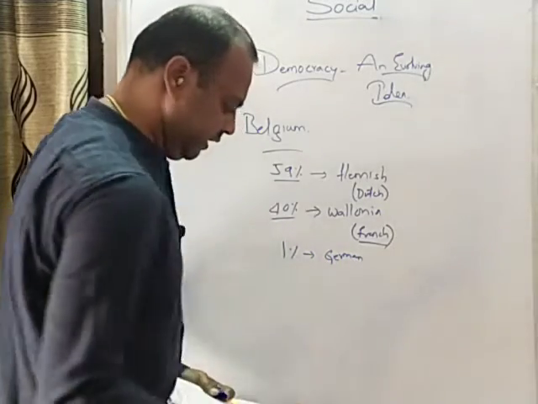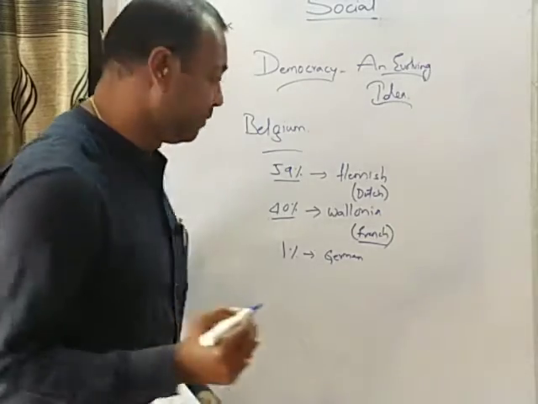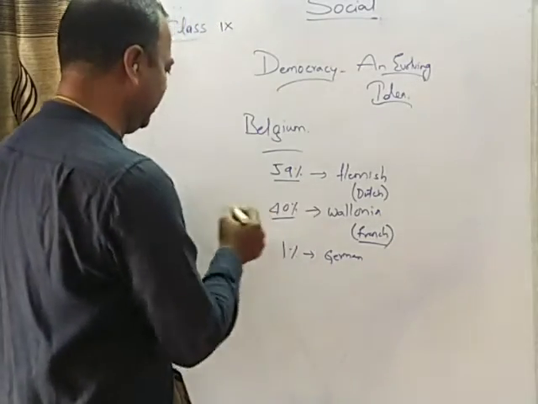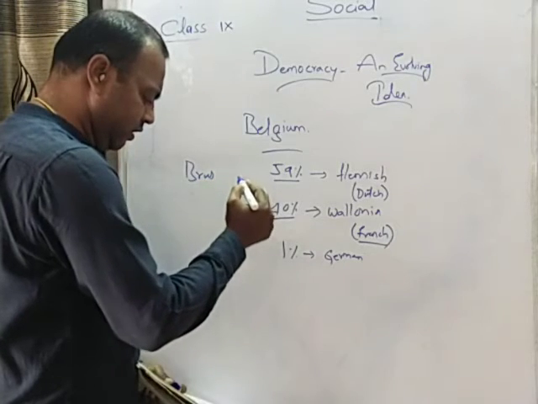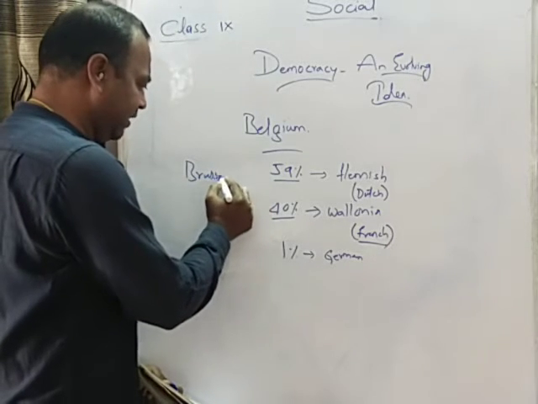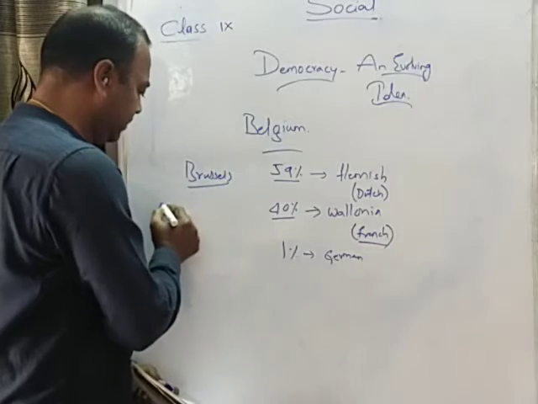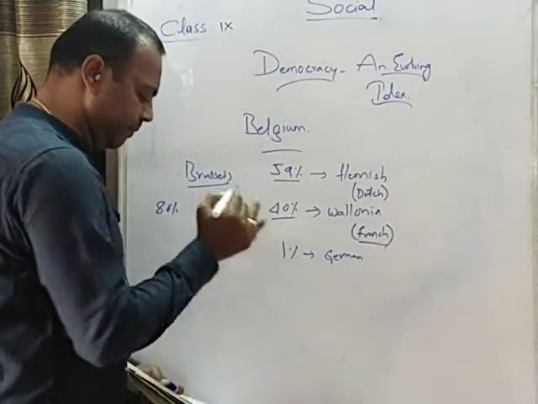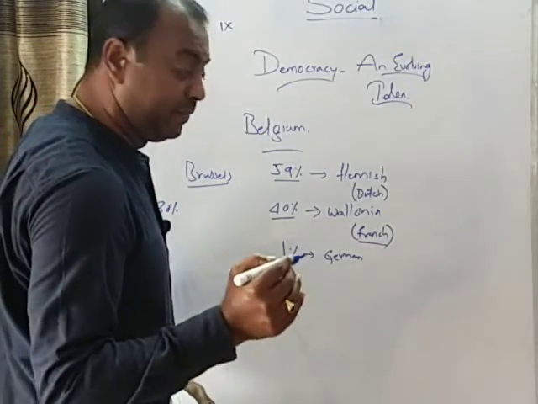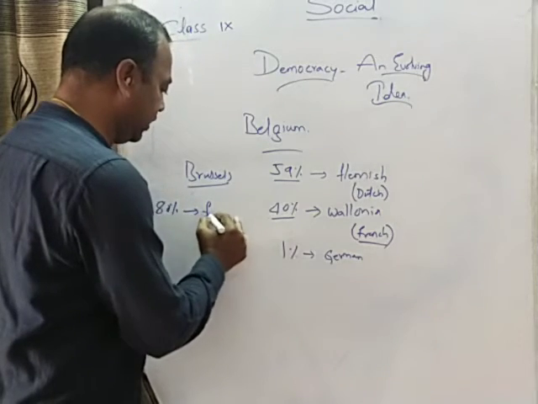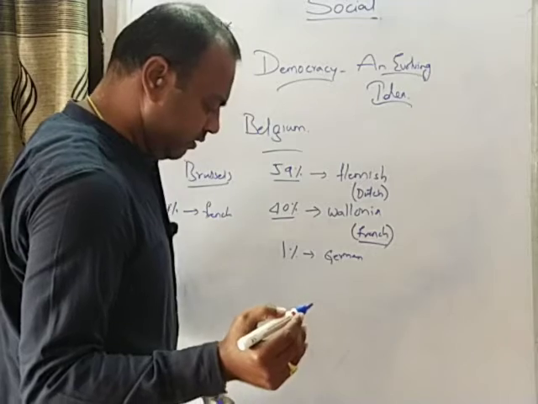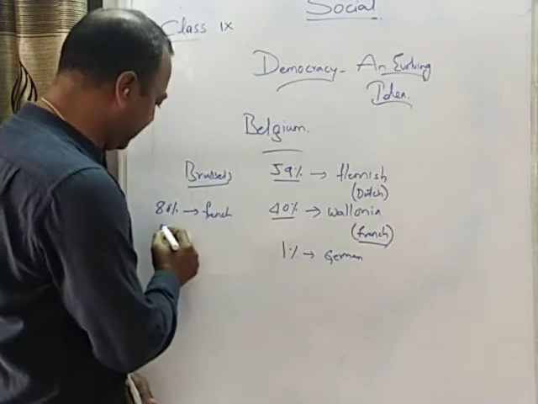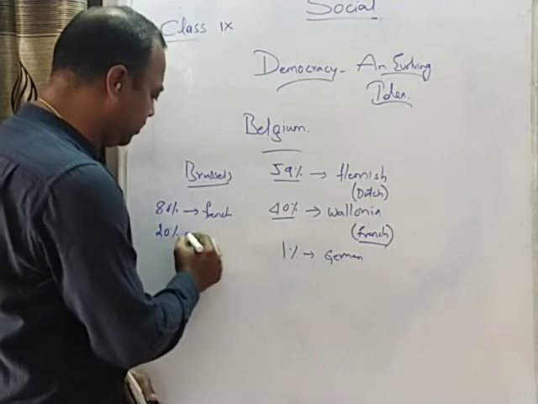In the capital city, Brussels, 80% of the people speak French, while 20% of the people speak Dutch.